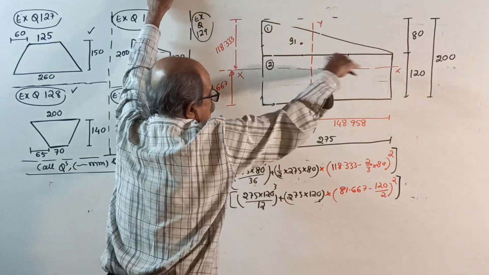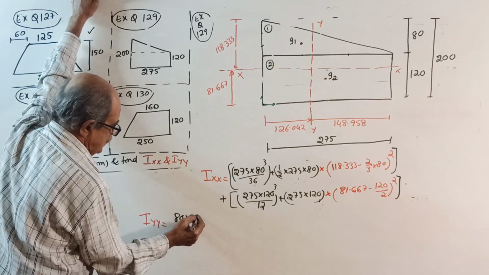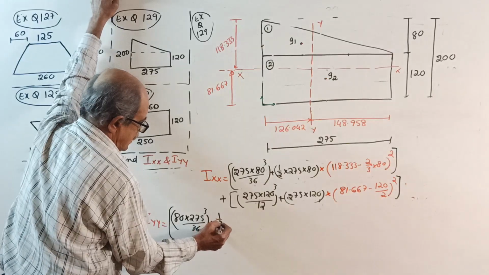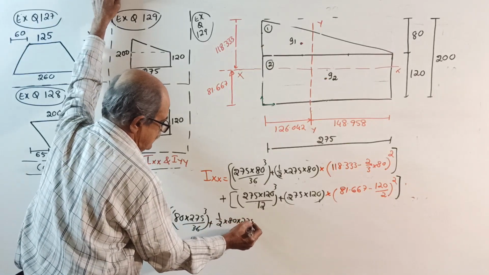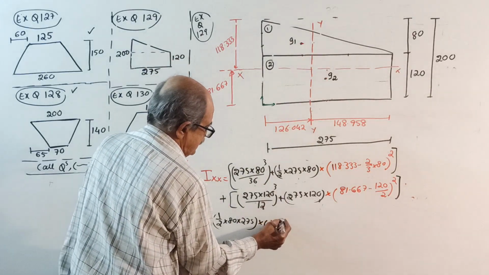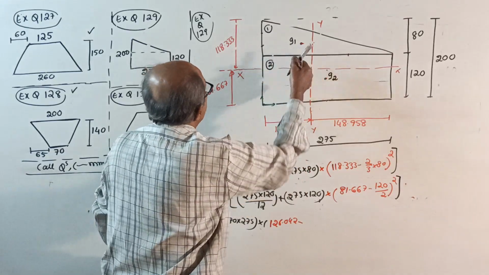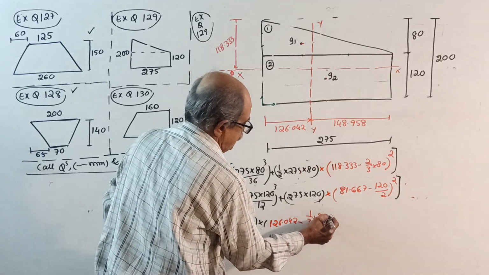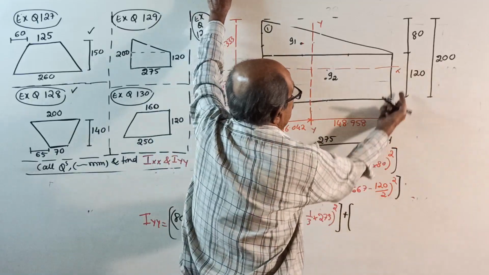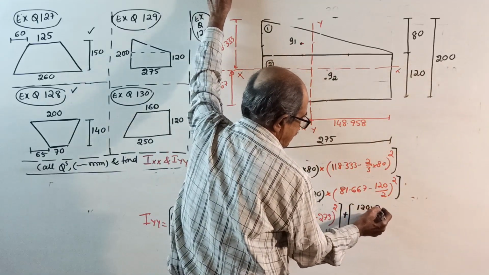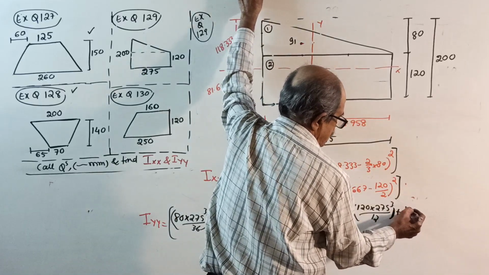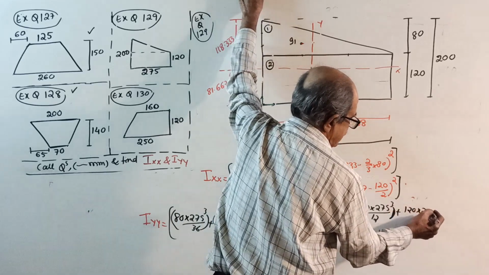This one. 80 into 275 cube by 36. 80 into 275 cube divided by 36 is Ig, plus area half into 80 into 275 is the area, into this distance square, 120.04 to 126.042 minus 1/3 of 275, that whole square, plus for the rectangle 120 into 275 cube by 12, plus 120 into 275 is the area.